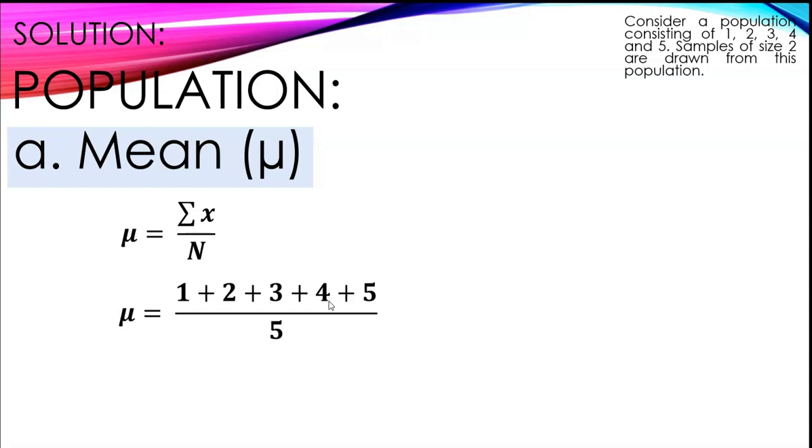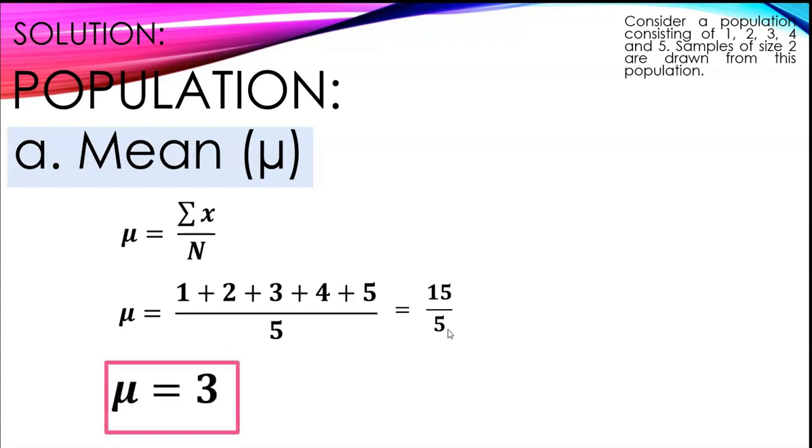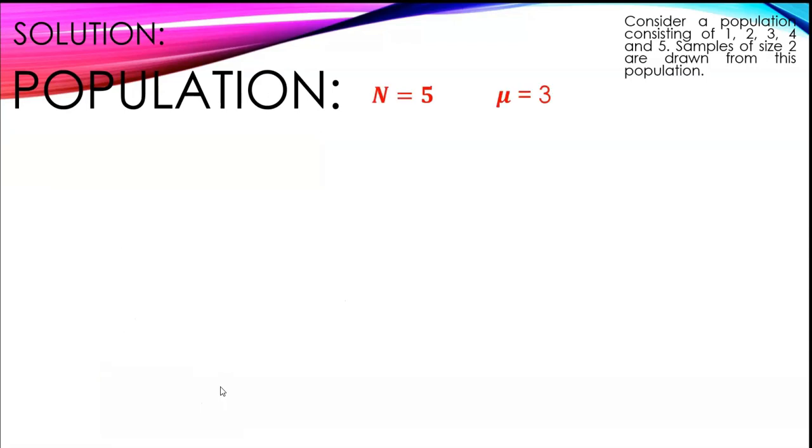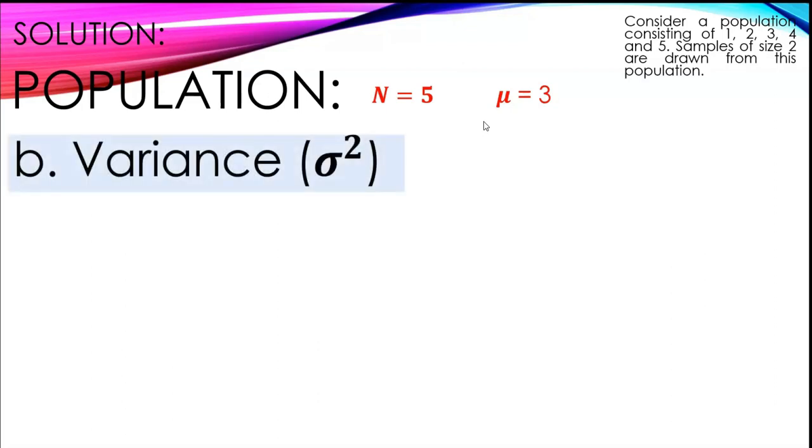So 1 plus 2 plus 3 plus 4 plus 5 all over our n is equal to 5. That's our population size. The sum is 15 divided by 5. So 15 divided by 5 is equal to 3. That's the mean of our population.